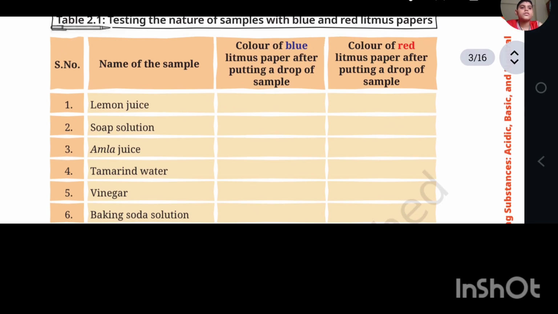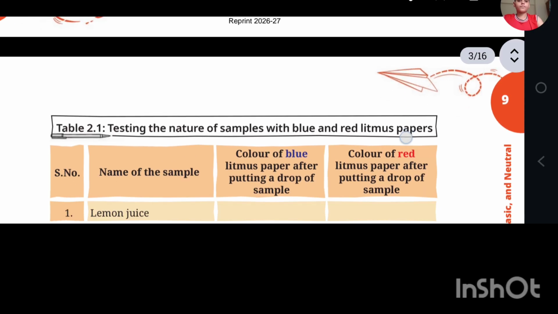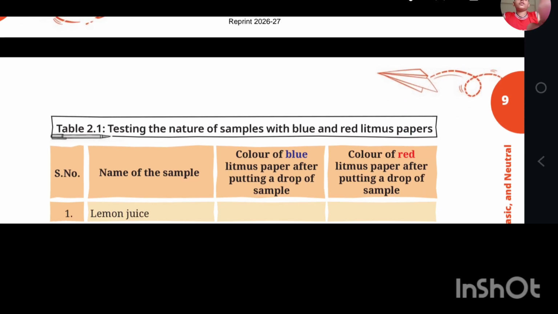Okay, so let us start this table. If I do red color here, it means that it changed to red. Let me write these. Wait. So this color indicates acid.